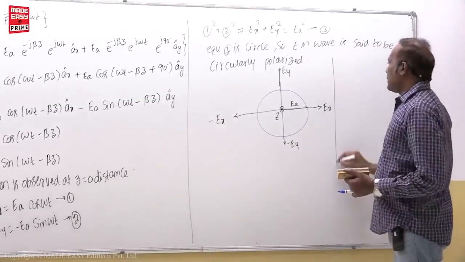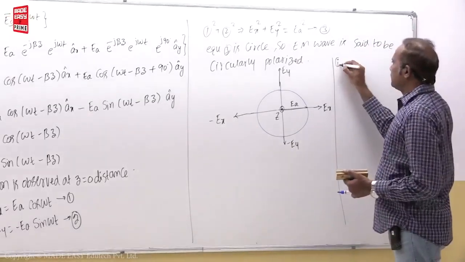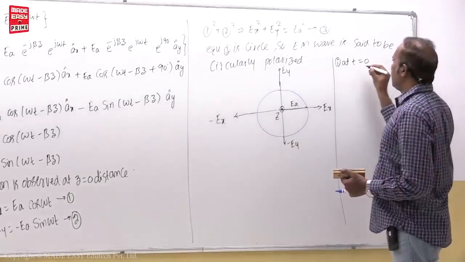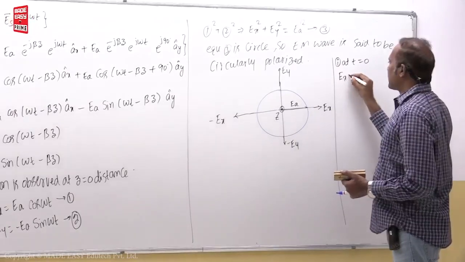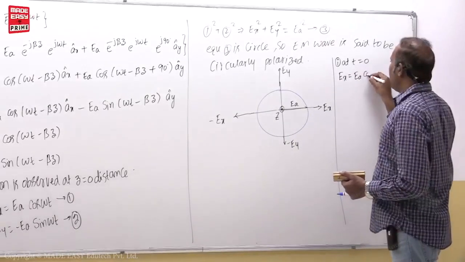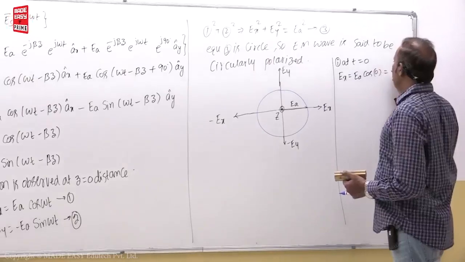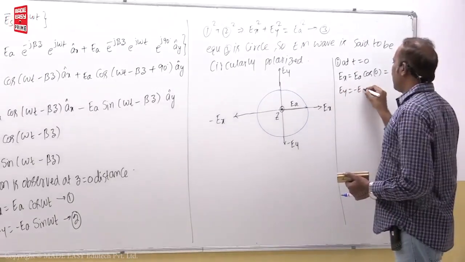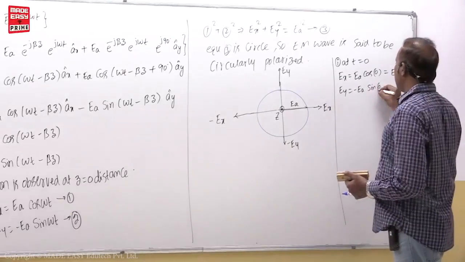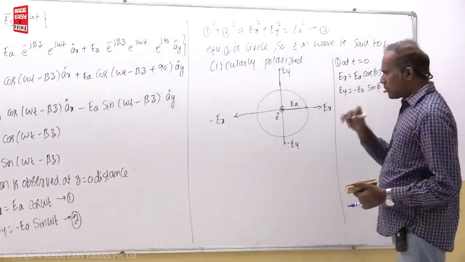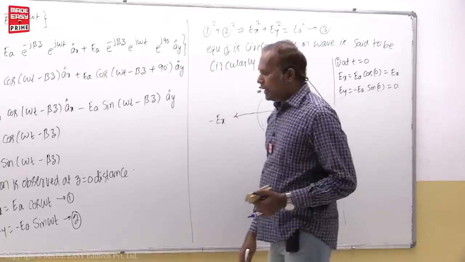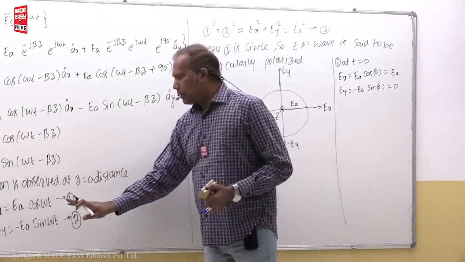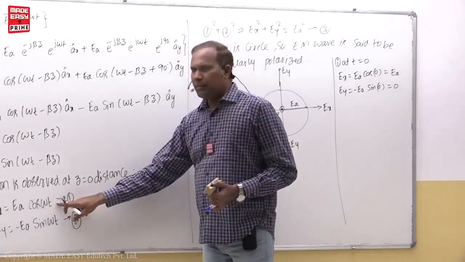Okay. Now until this, with this equation we have drawn this. So let us substitute at t equal to 0. Then the electric field x component is Ea into cos 0, that is equal to Ea, and the electric field y component, minus Ea into sin 0, you get 0.